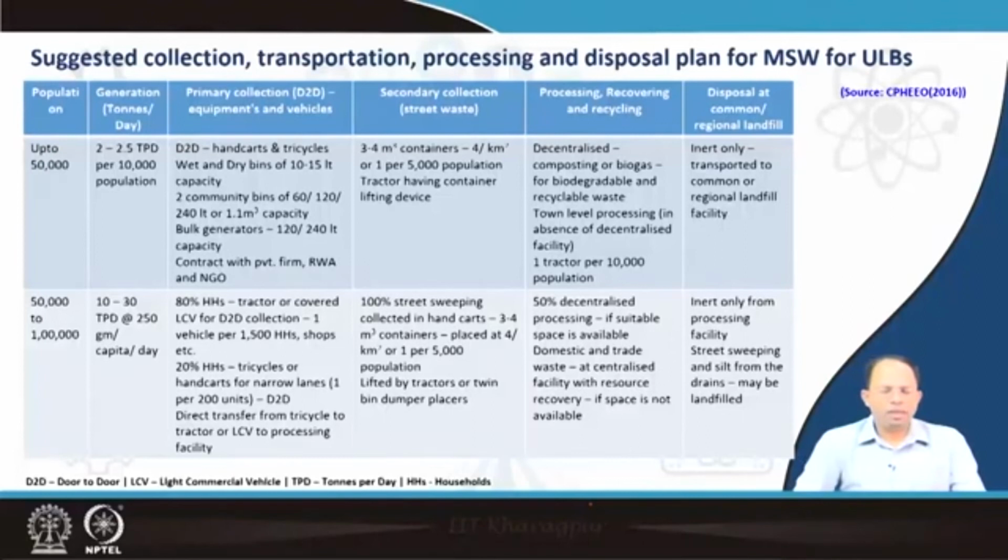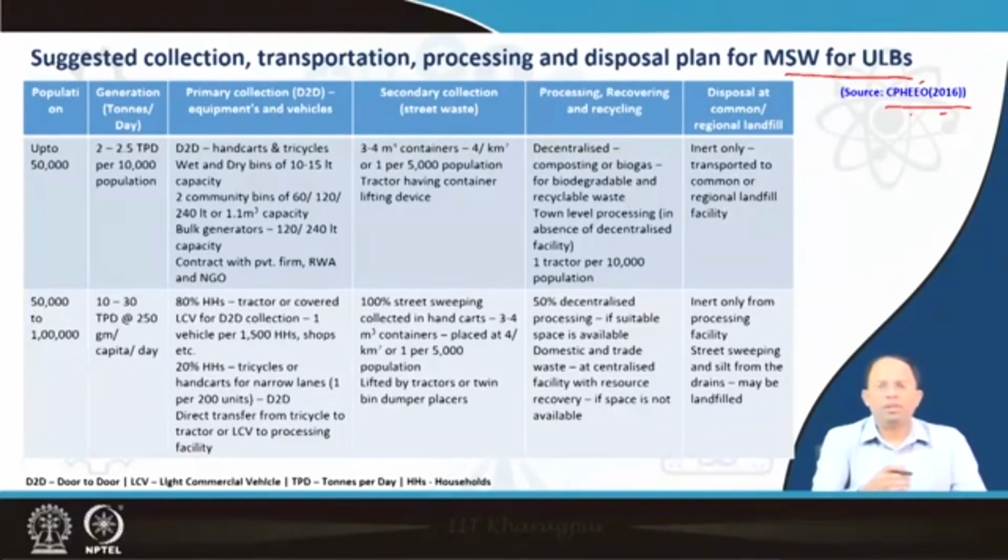So then coming to the suggested collection, transportation, processing and disposal plan for MSW for ULBs. This is again given by CPHEEO, and again, these are suggestions. Either you plan your own system, you can do all the calculations on your own, or these are very crude suggestions which are given.